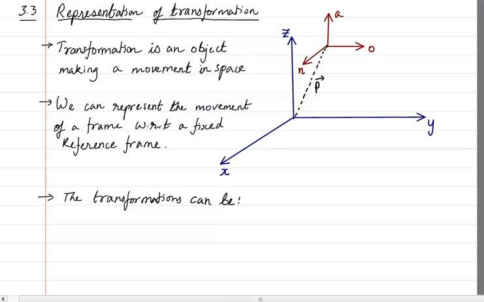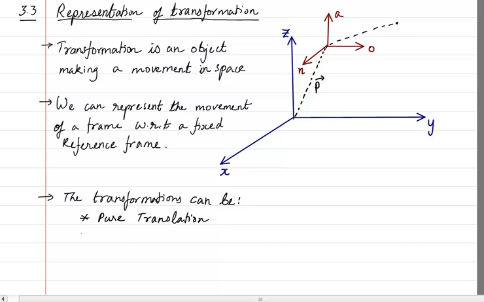That means the frame that we have here can move from this position P to a new position, which is defined by a translatory motion. Nothing else is changing. The orientation of NOA does not change. Only the position changes. So that is defined as pure translatory motion, or pure translation.